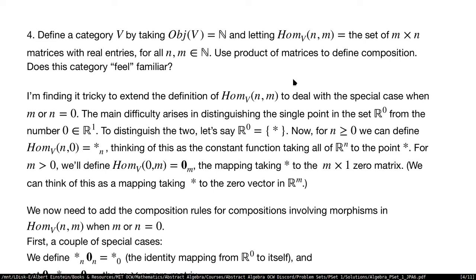When n is 0, you're not going to have anything actually. Right, because for a matrix, you're going to need at least one column and one row, right?